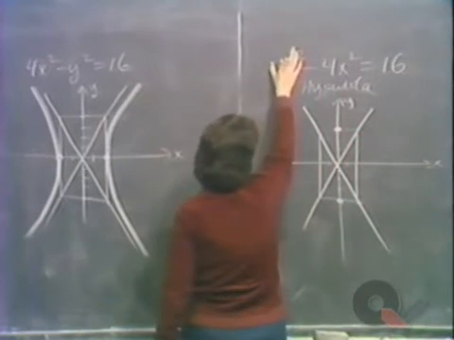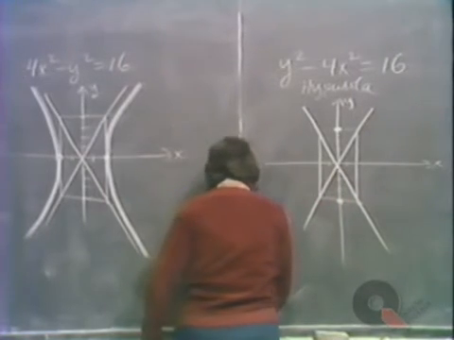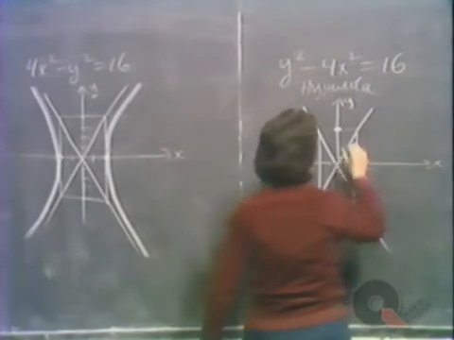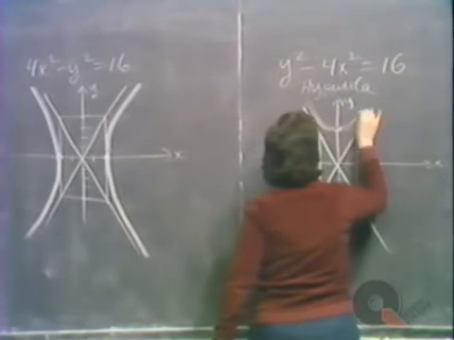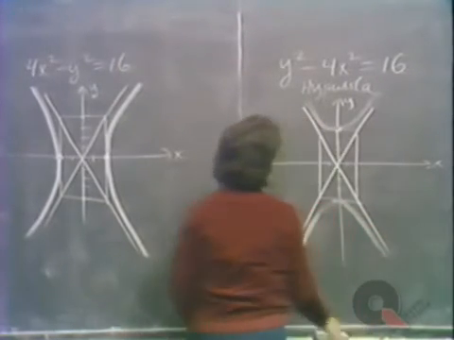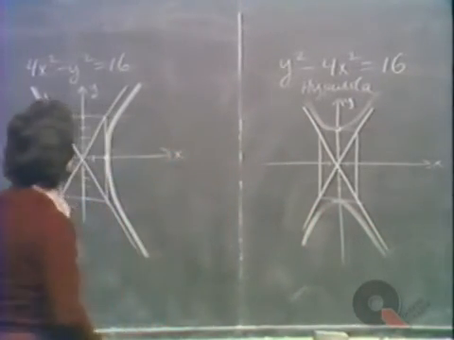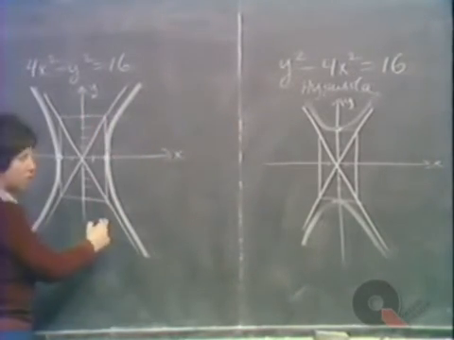If you were to set y equal to 0, you could not solve for x. This hyperbola does not have x-intercepts. So therefore, we sketch it in like this. It's going to be up and down, filling in the other two portions.